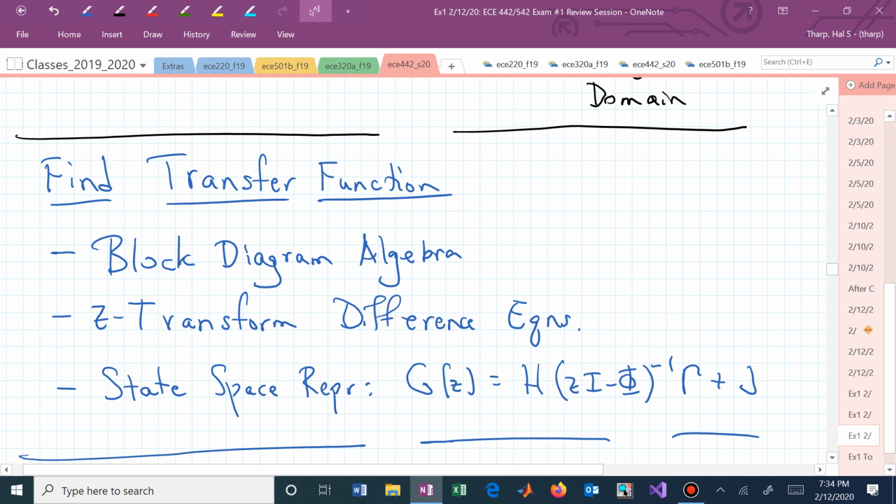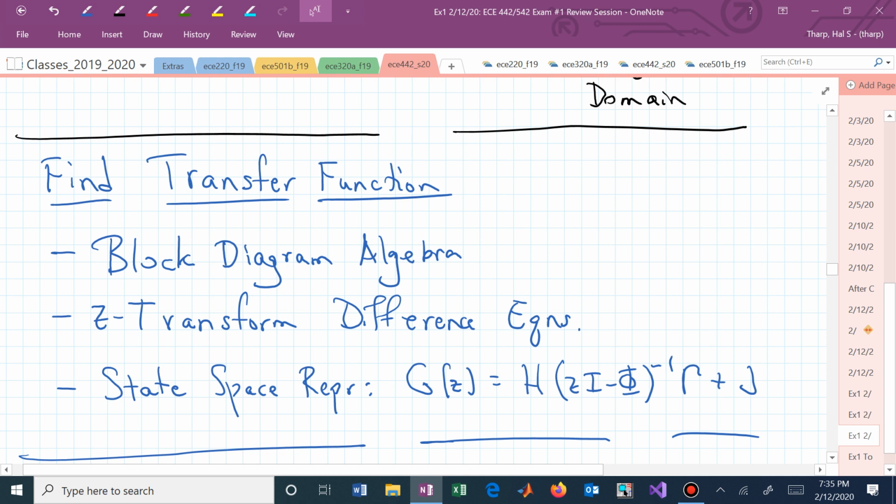You now should be able to find the transfer function from these different representations. If you're given a block diagram, hopefully you can do some block diagram algebra to find the transfer function. If I give you a difference equation, that one's probably the most straightforward. You can neglect initial conditions when you transform, take the ratio, and you're done.